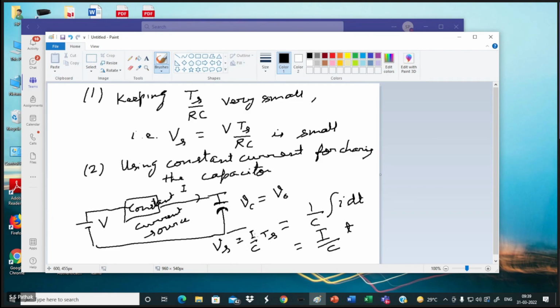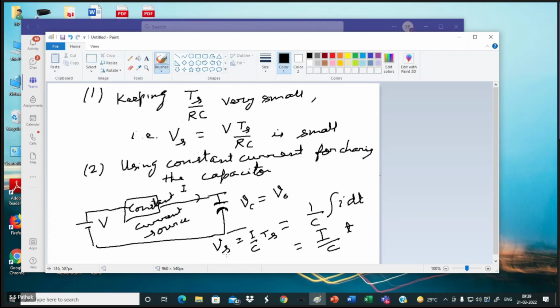I can change the value of the constant current for any Ts. My Vs can be increased. Even if Ts is small, my Vs can be higher. If Ts is increasing, Vs is increasing, that is understood. But I am keeping my Ts under the constraint of my design, and I am increasing my I. So my Vs peak is going up.